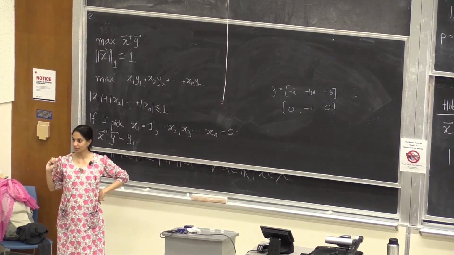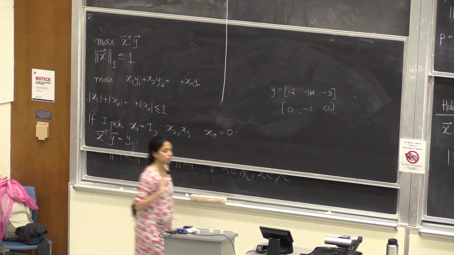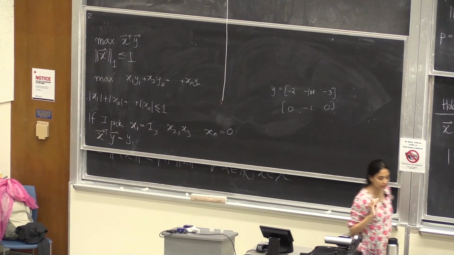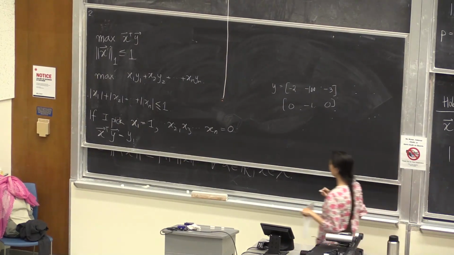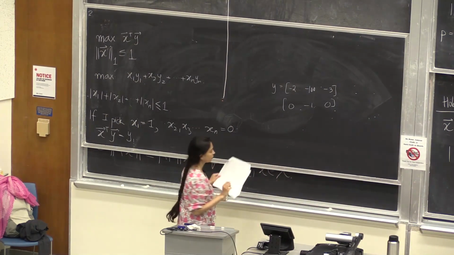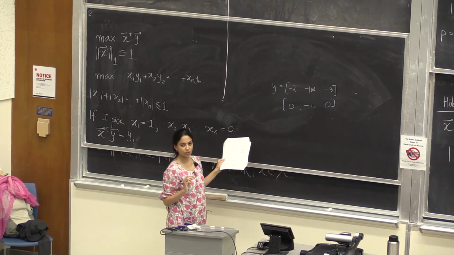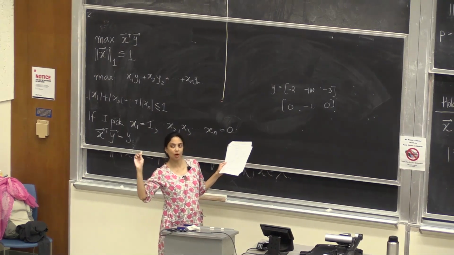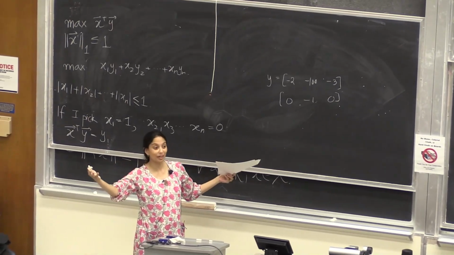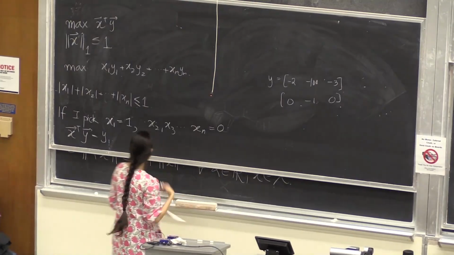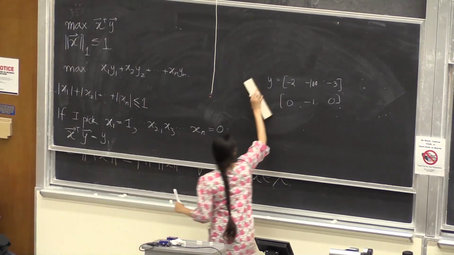Right? So what am I going to do now? So what does this suggest? Right? So do I care about the maximum y or do I care about the y with the maximum absolute value, right? So how am I going to pick x in light of that?